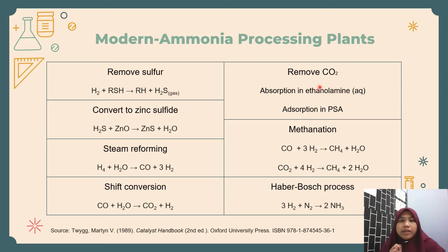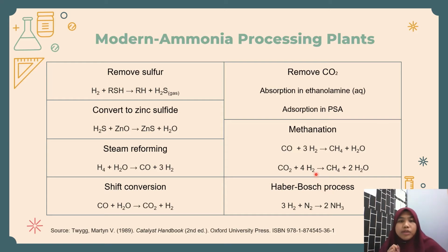The carbon dioxide is then removed either by absorption in aqueous ethanolamine solutions or by adsorption in pressure swing adsorbers (PSA) using proprietary solid adsorption media. The final step in producing the hydrogen is to use catalytic methanation to remove any small residual amount of carbon monoxide or carbon dioxide from the hydrogen.